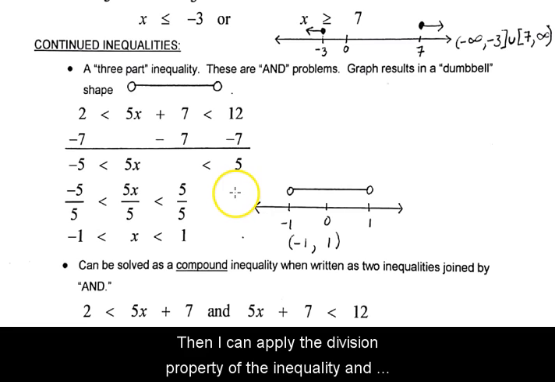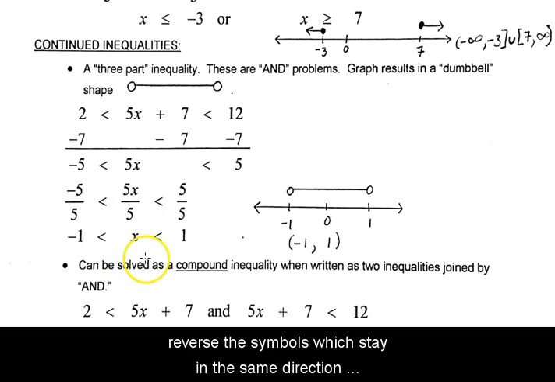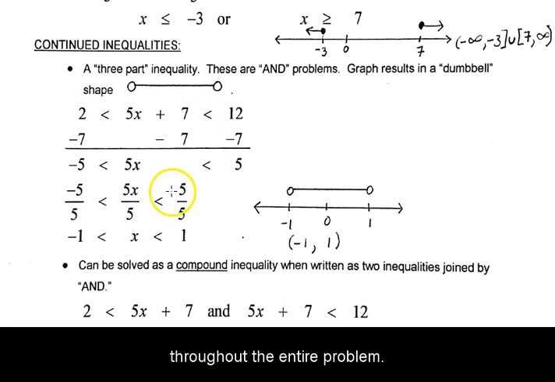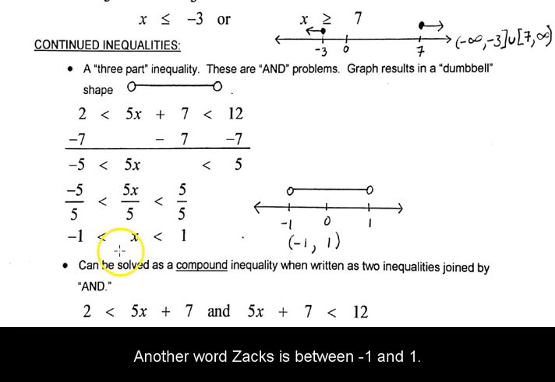Then I can apply the division property of the inequality, and when I divide all 3 parts by +5, it does not reverse the symbols, which stay in the same direction throughout the entire problem. This results in the solution -1 less than x less than 1. In other words, x is between -1 and 1.